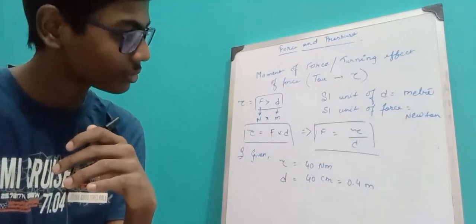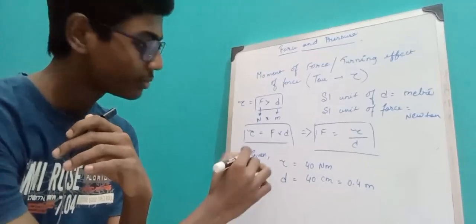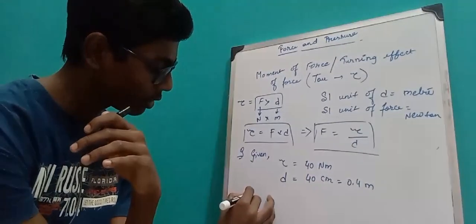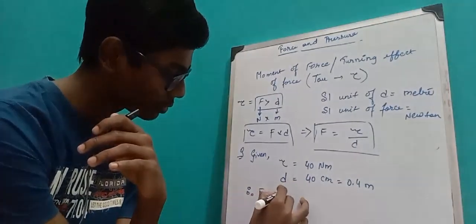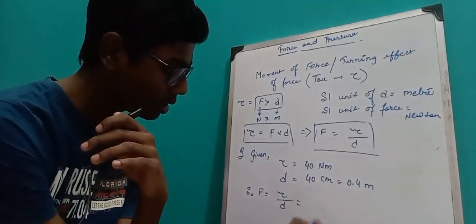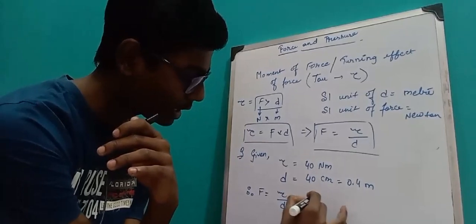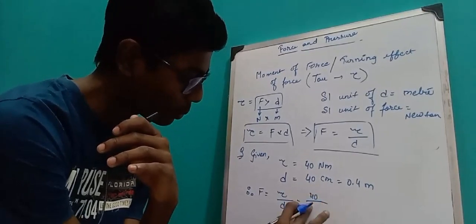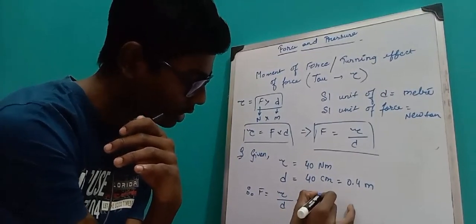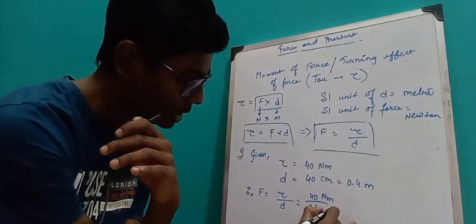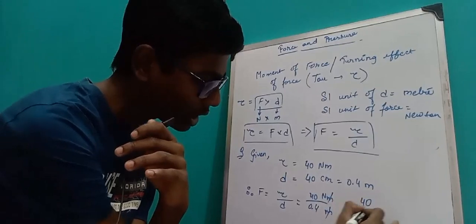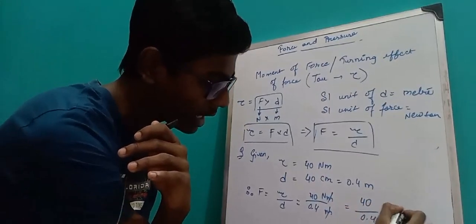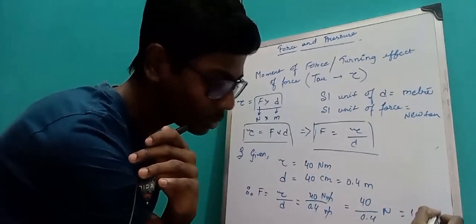Therefore, force equals tau by distance equals 40 by 0.4. This is Newton meter, this is meter. Meter and meter get cancelled. So we are left with 40 by 0.4 Newton, that is equal to 100 Newton.